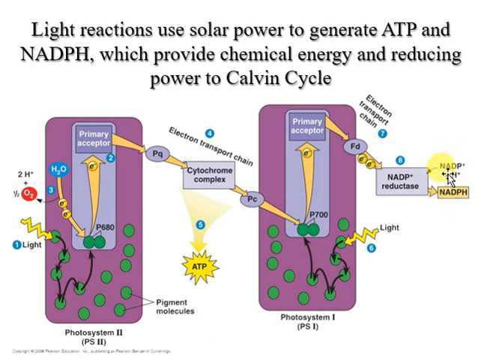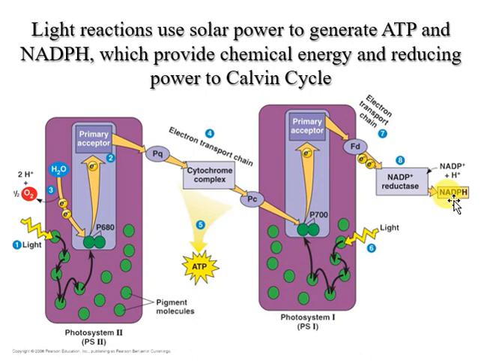So NADP plus gains electrons and gains protons to create the reduced form NADPH. NADP plus is reduced by this enzyme to form, voila, NADPH.